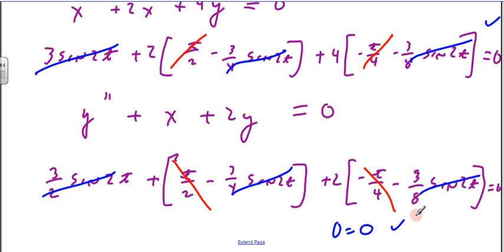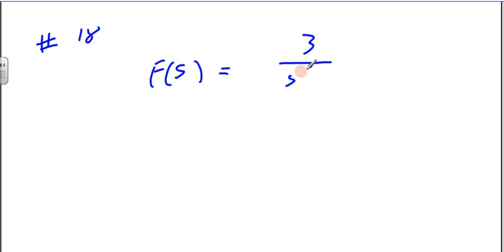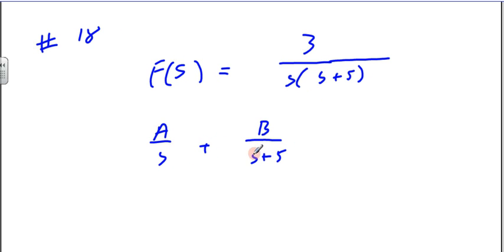All right, so go to something easy. Number 18. F of s is 3 over s times s plus 5. All right, well, we'll do a partial fraction. A over s plus b over s plus 5. And we get that 3 is going to be as plus 5a plus bs.